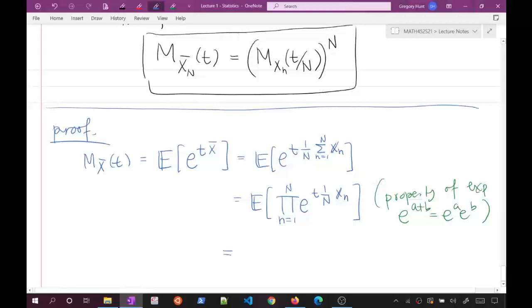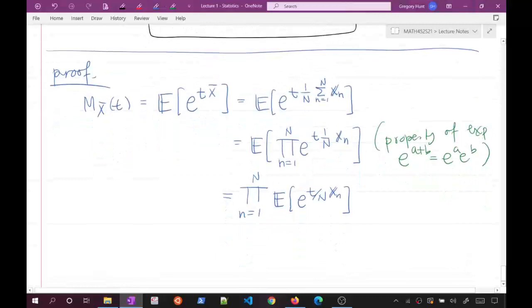And the next trick I'm going to pull here is actually a probability trick, which is that I claim I can pull this product operator out of the expectation, and that I can write this as the product of the expected value of e to the t over n x_i. Why?